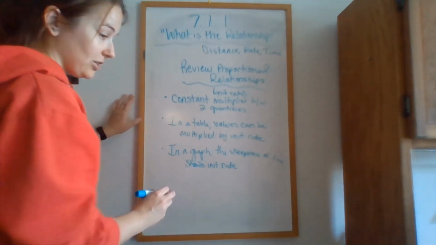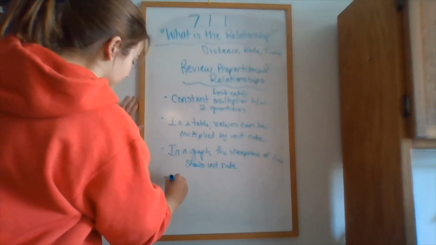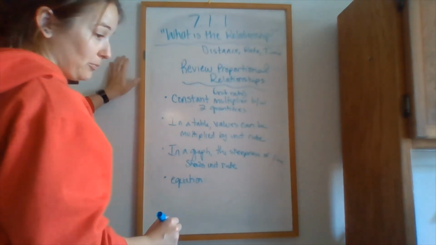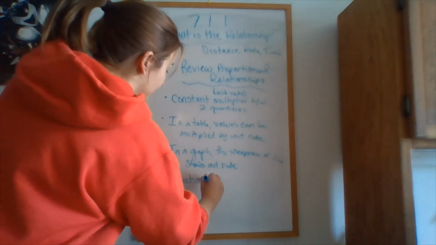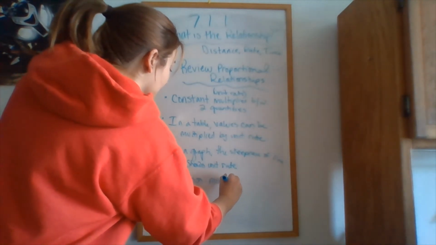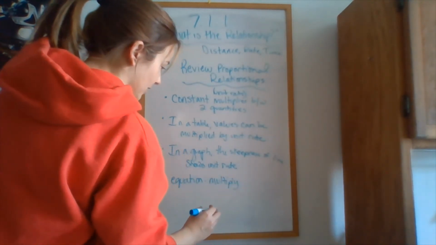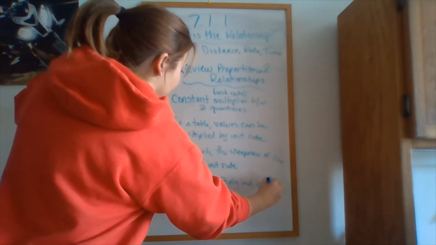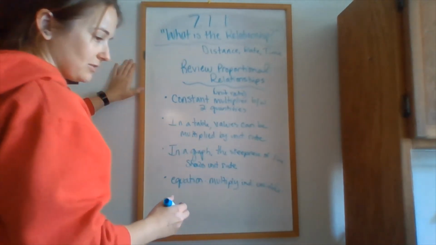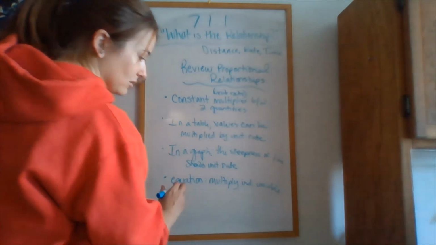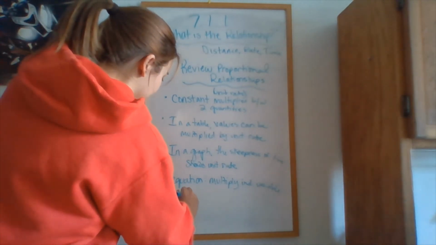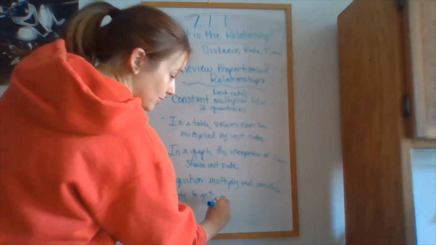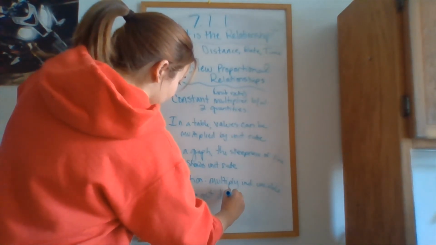And in an equation, you're going to multiply the rate by the independent variable, and the independent variable is the thing that you're not changing, to get the dependent variable.